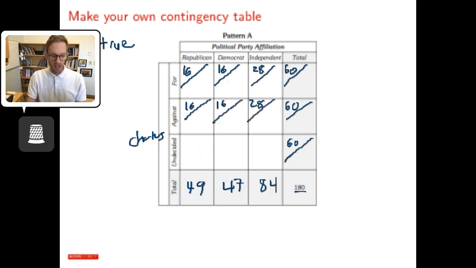And then we would have 17 undecideds for the Republicans and 15 for the Democrats, again reflecting that difference of 2 that we have down here. And then we have 28 for the undecideds. Those break down evenly. So this blue writing is our expectation.